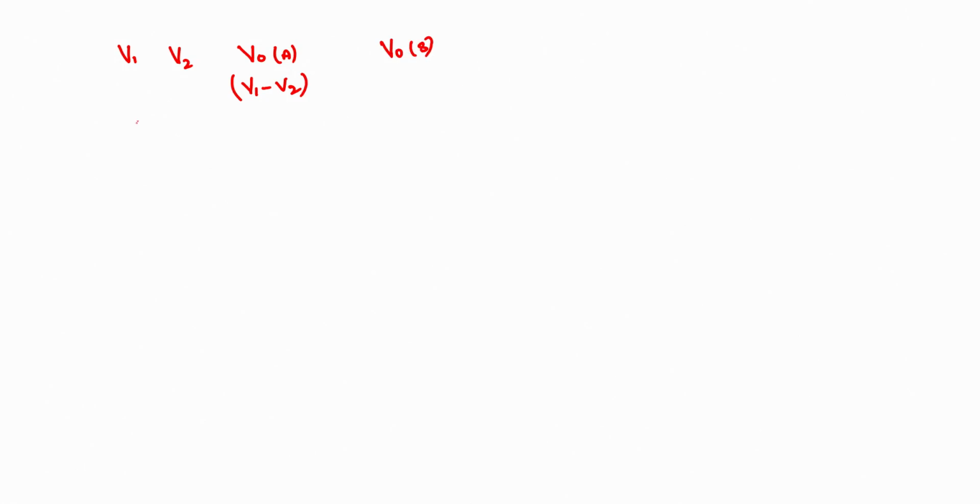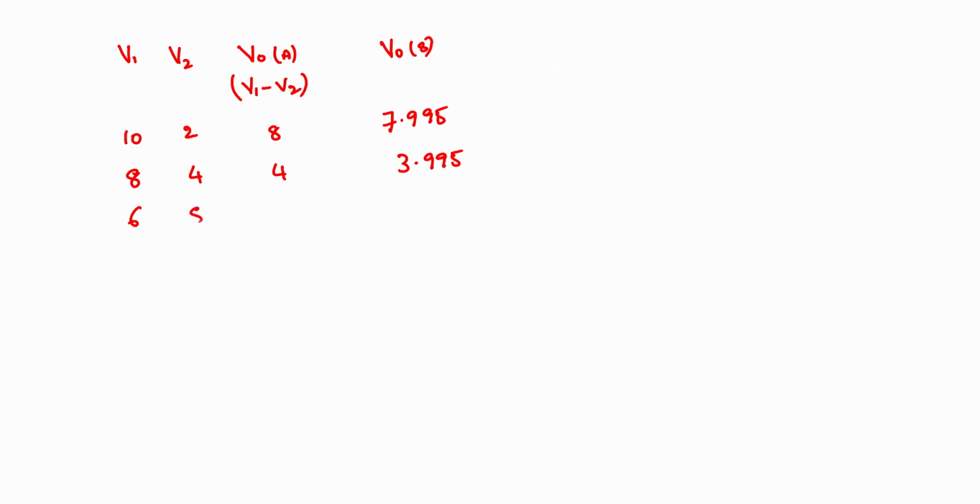What is the value we are getting? V1 we have considered 10, this is 2. So, what is the value? 8 we got, right. When we do manual calculation it is 8. What about the simulation? We got 7.995 volt. Then this is 8, this is also 4, this we got 4, whereas this is 3.995.